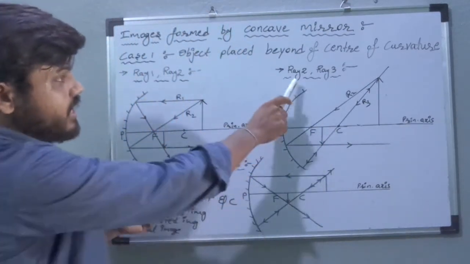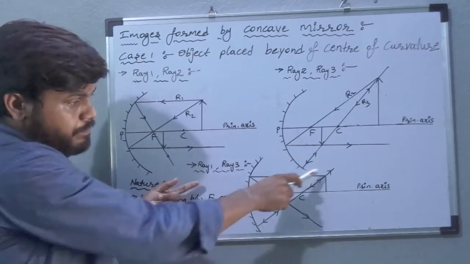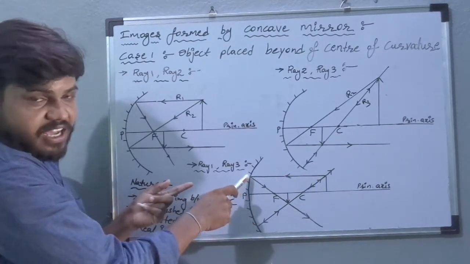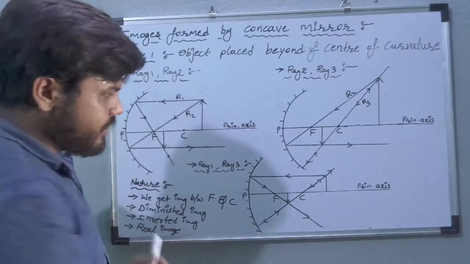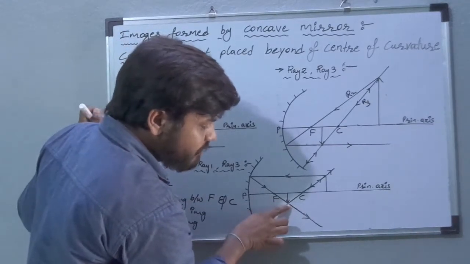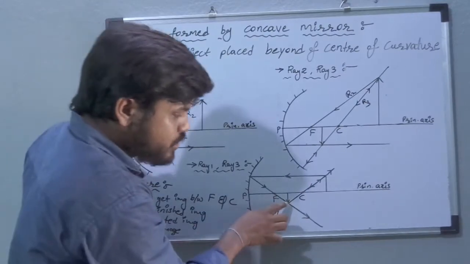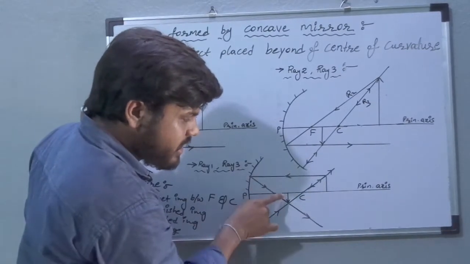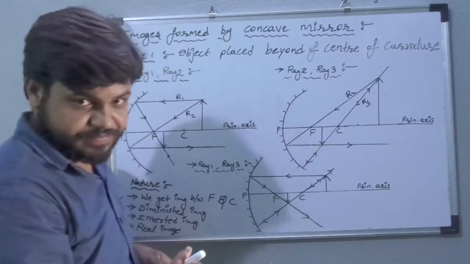Next, ray 2, ray 3 completed. Next, ray 1, ray 3. The incident ray is parallel, and ray 3 means the incident ray passes through the center of curvature. In this case also we got the intersection point of reflected rays between F and C only. Here also, by looking at this we can say the image size is smaller than the object size.